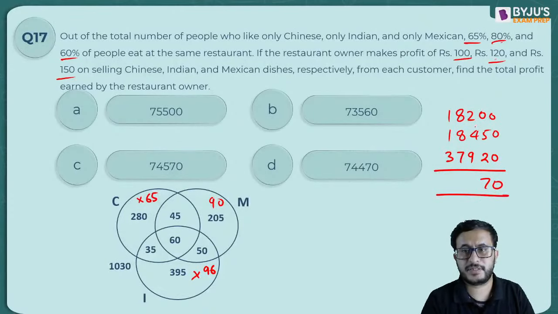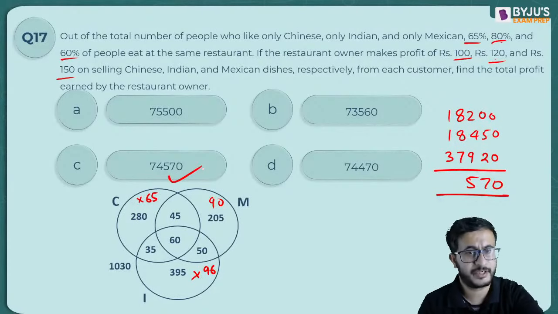So you will get 70, and this is 5, right? So 570, this may be the answer, right? So you must have got this answer. Isn't it, you got this answer?